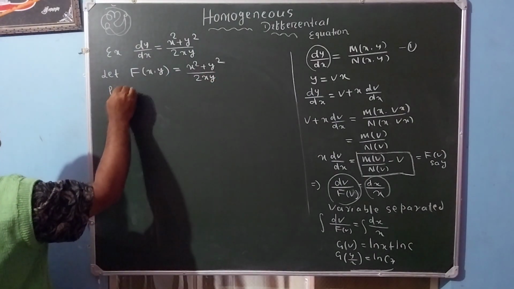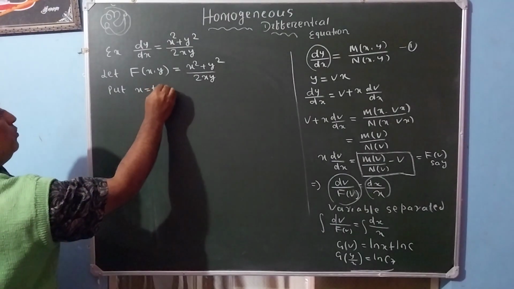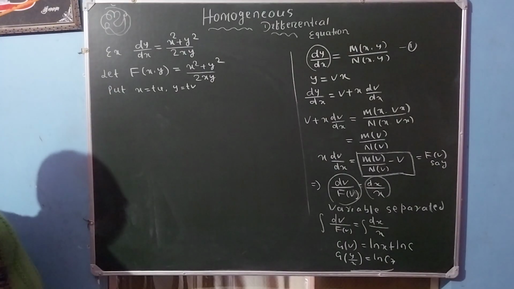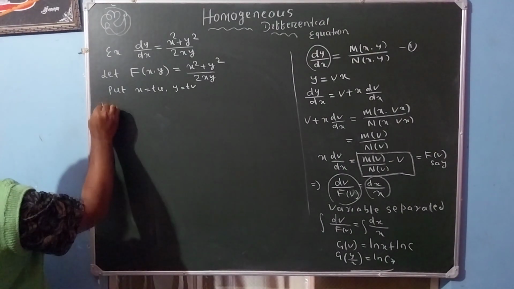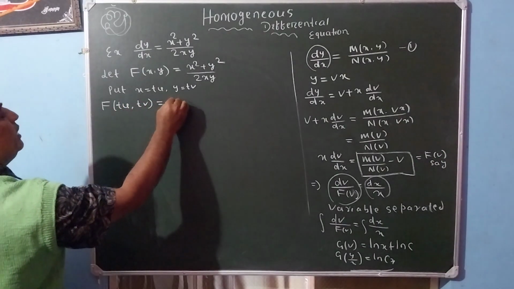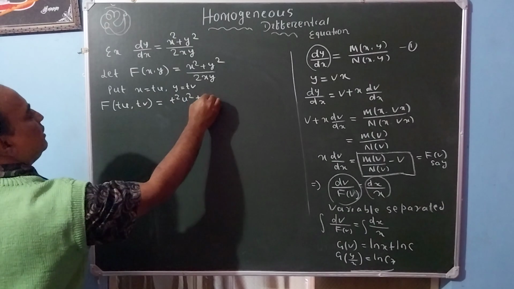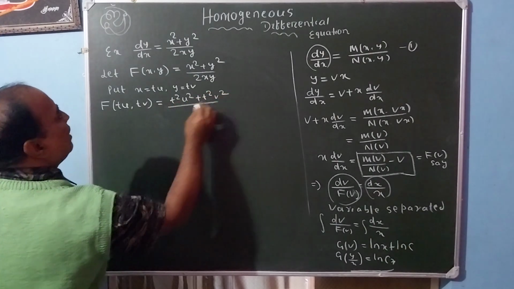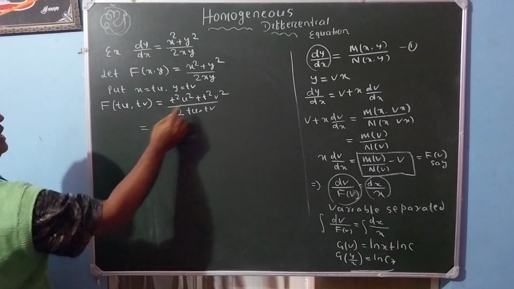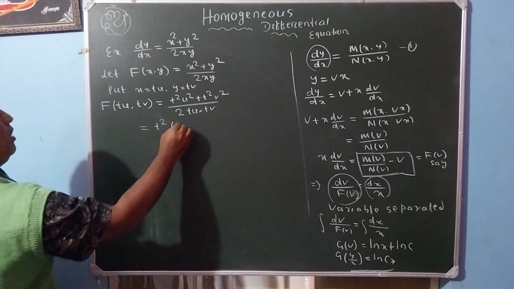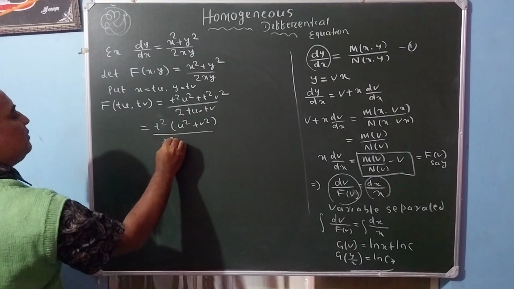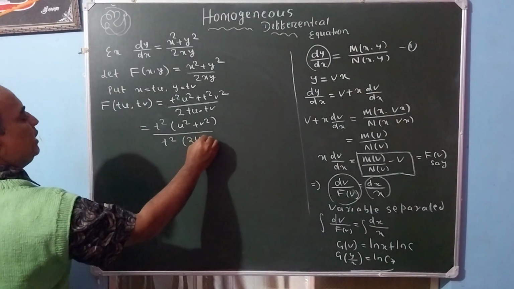Okay, put x is equal to tu, y is equal to tv. First of all, you have to check whether it is a homogeneous differential equation or not. f(tu, tv) is equal to (t square u square plus t square v square) divided by 2 tu into tv. So that means t square taking common, (u square plus v square) divided by t square into 2uv.